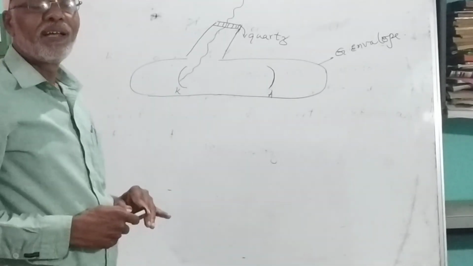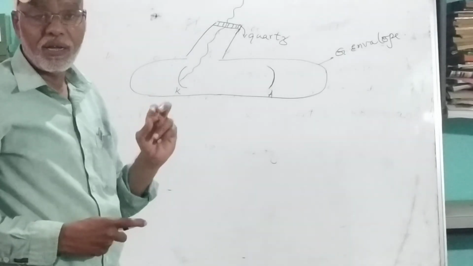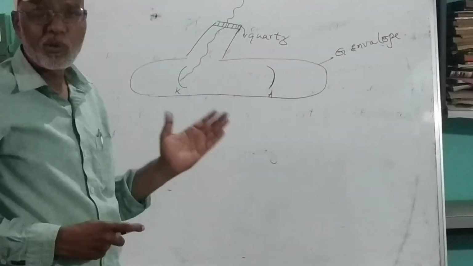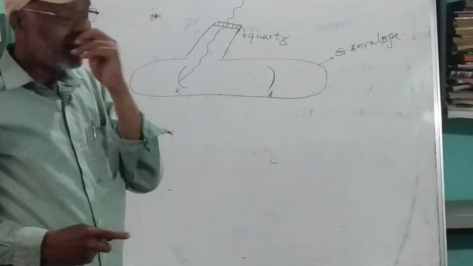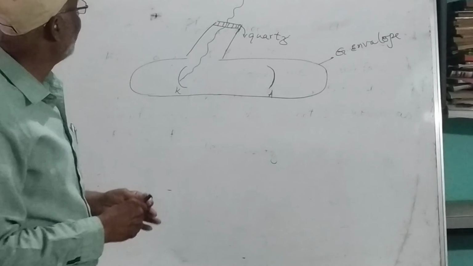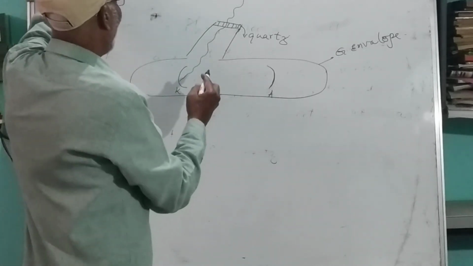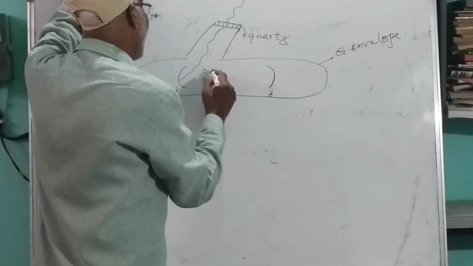As a result, the energy of the photoelectron increases, and these electrons come out from the surface of the metal. When they come out, they assemble very close to the cathode.